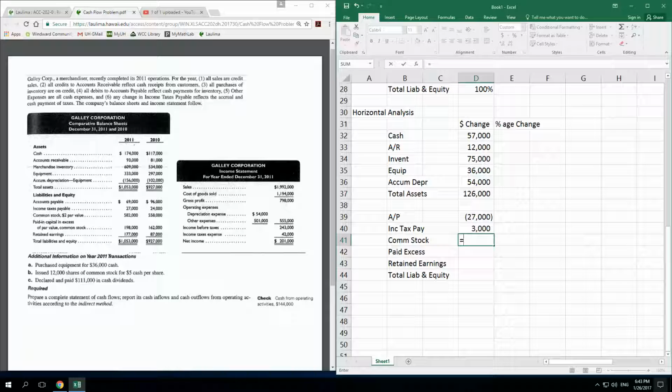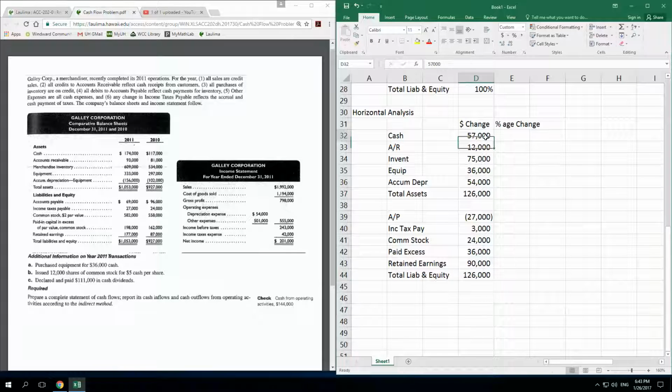If you don't see what I'm doing. And remember that change in total assets should equal the change in total liabilities and equity.